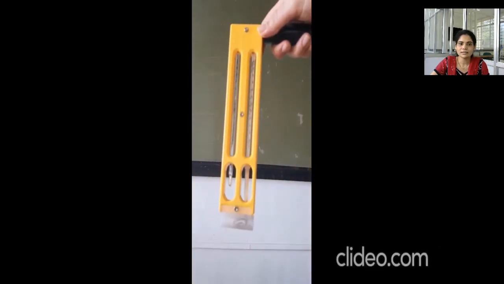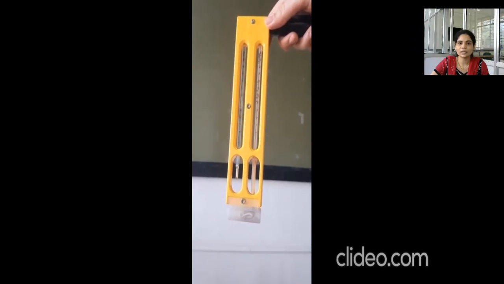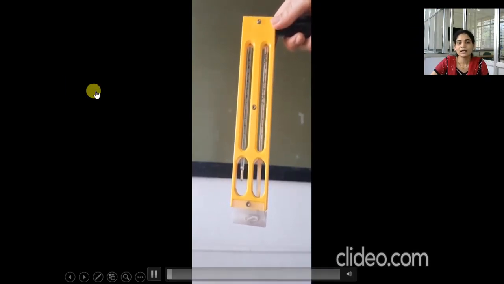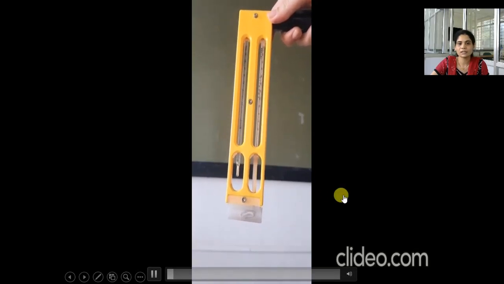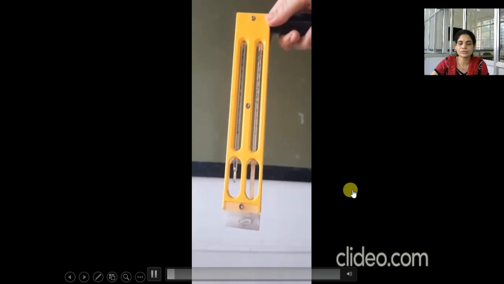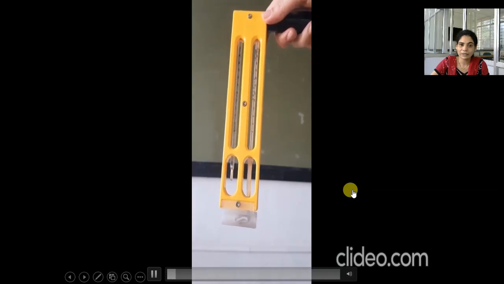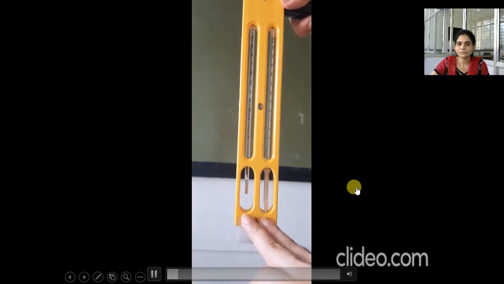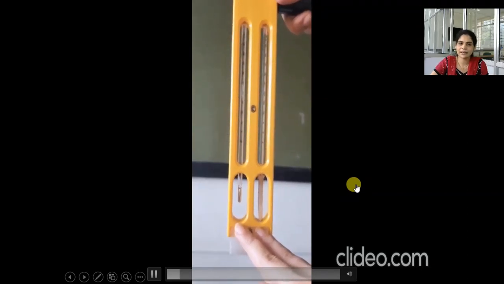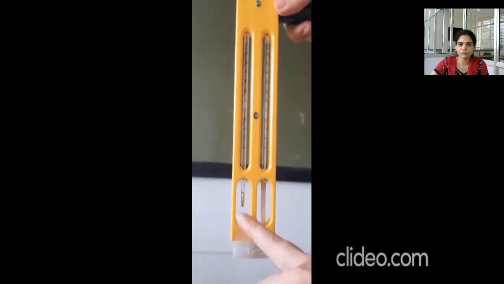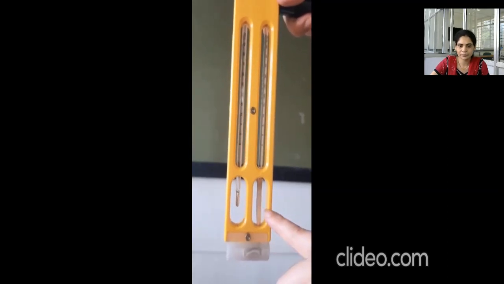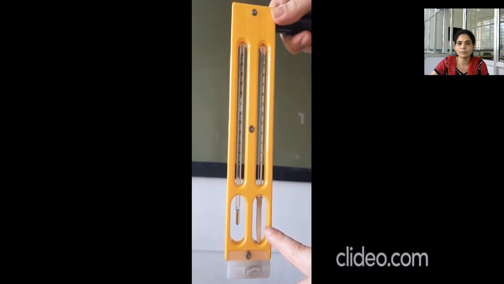So this is the psychrometer. A psychrometer is a type of hygrometer which is used to determine the relative humidity in the air with the use of two thermometers. If you look carefully, it has two thermometers. This is called the dry bulb thermometer and this is called the wet bulb thermometer.